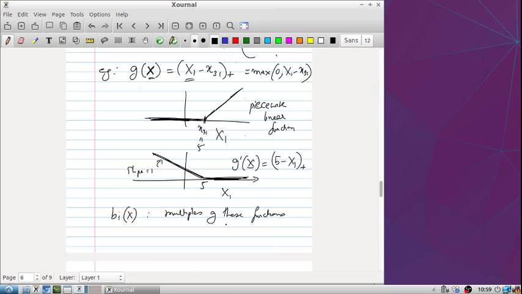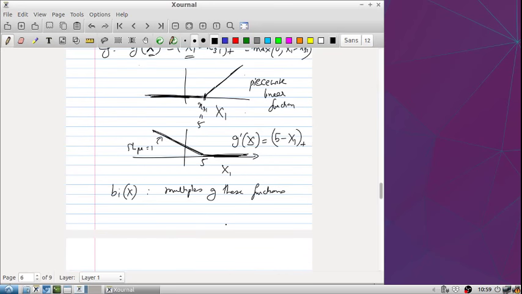Okay, and why do I want to create bi functions which look like multiples of these functions? It's just so that when you multiply these types of functions, they tend to be non-zero in small regions of the space.